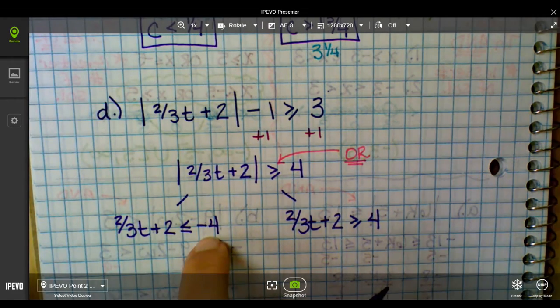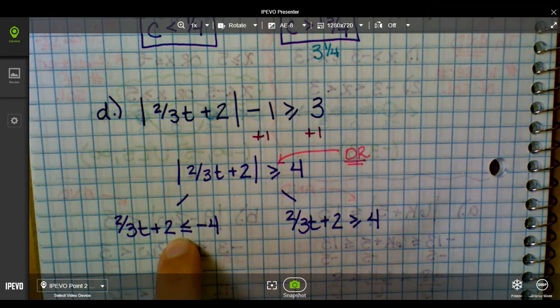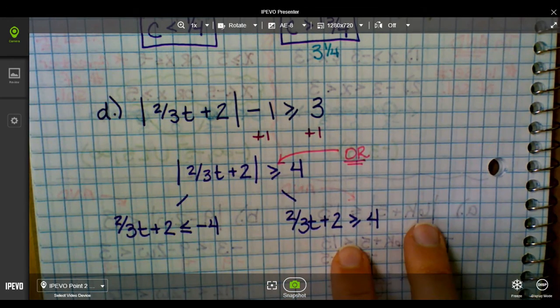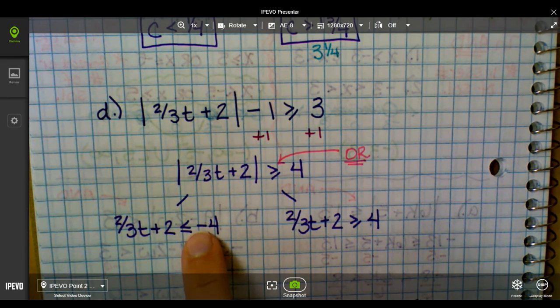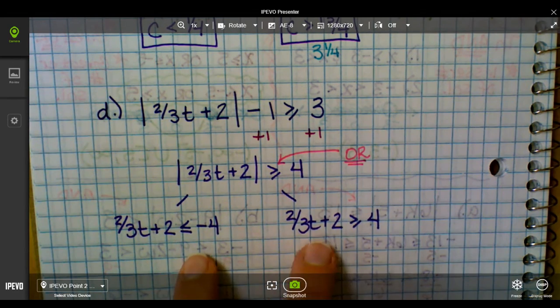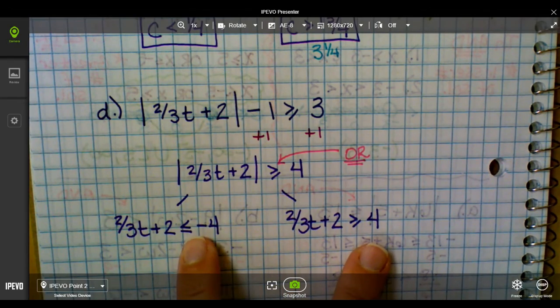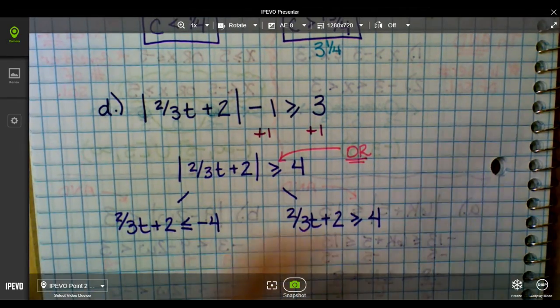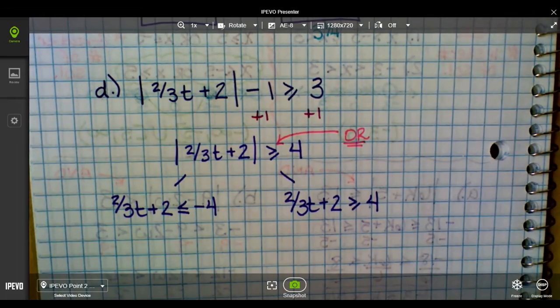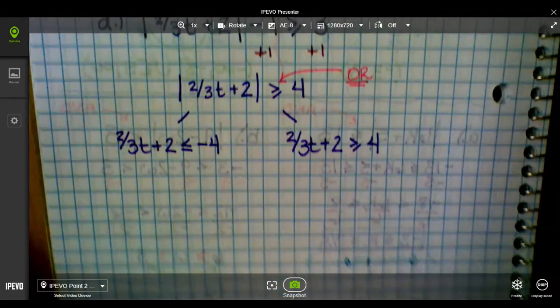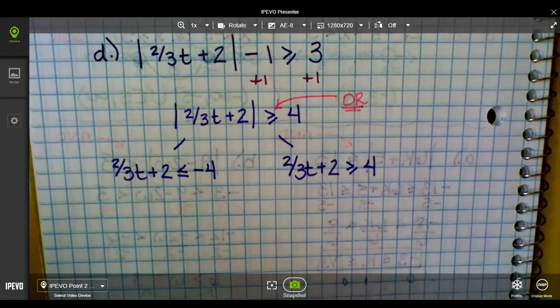So another way to think about this: if you're changing the 4 to a negative, that means you have to change the sign too. Once you change one thing over here, like adding the negative, you have to flip the sign too, because you want these inequalities facing away from each other. You want them pointing out. The negative one is always on the left. So just try to remind yourself of those hints when you're doing your homework.